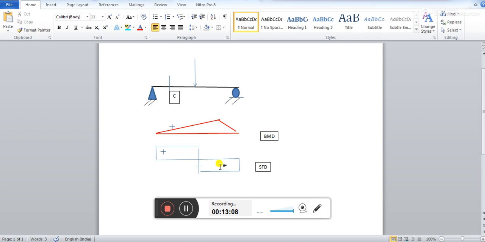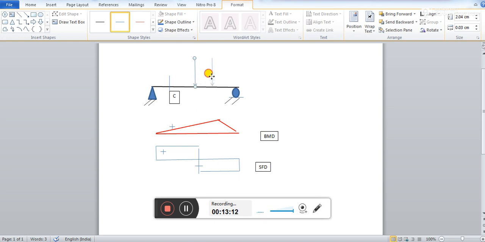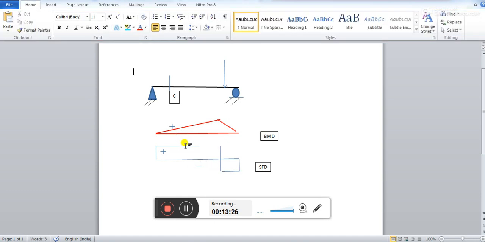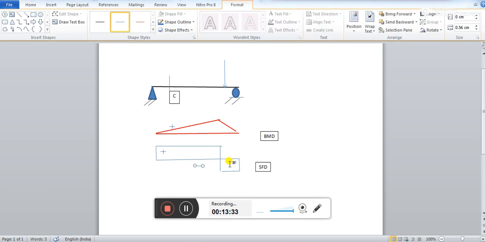So you see, because of this movement of the load to different positions, when this load will come over here, the shear force diagram will again be changing, and the shape will become something like this, where this negative part will be coming over here, and this portion will remain as positive.